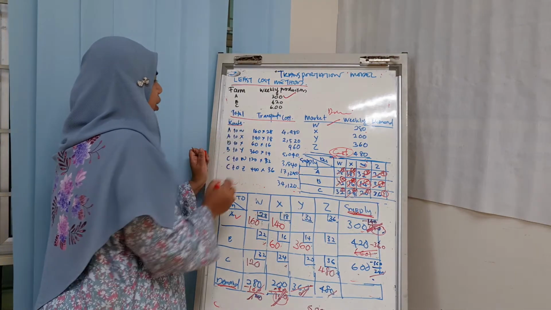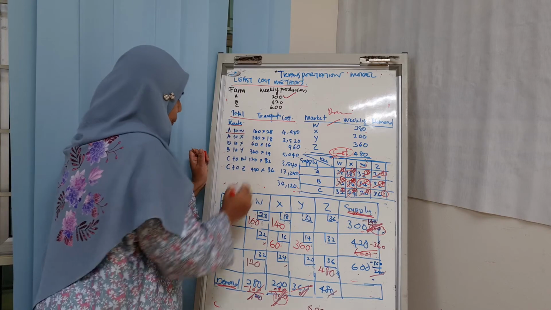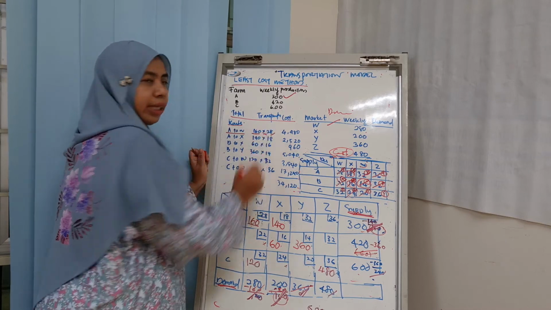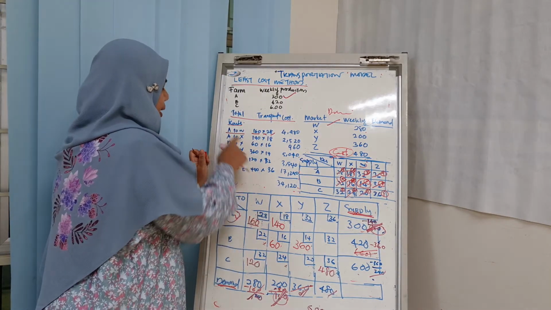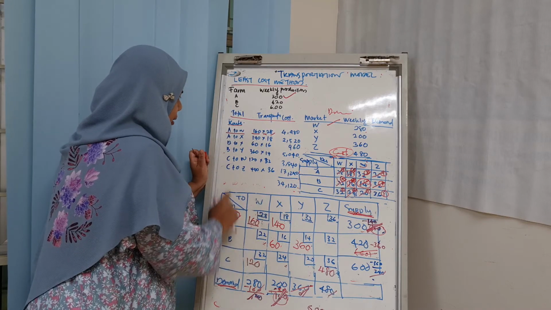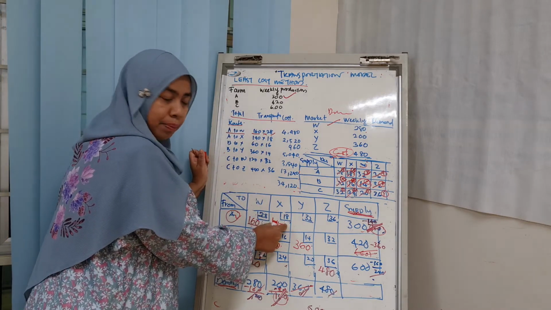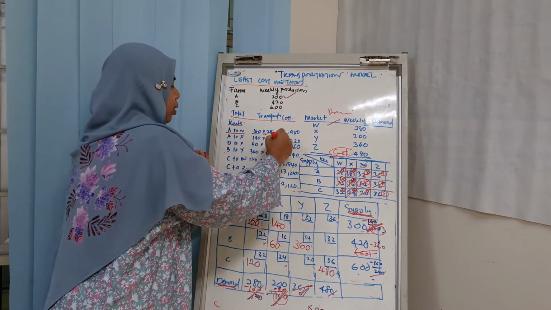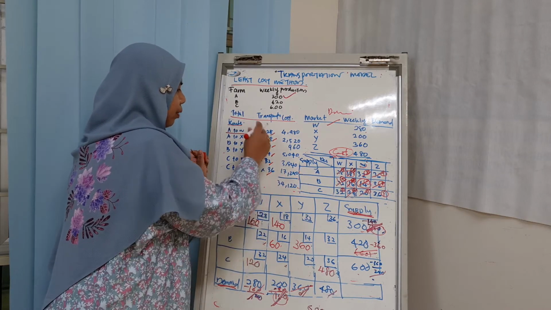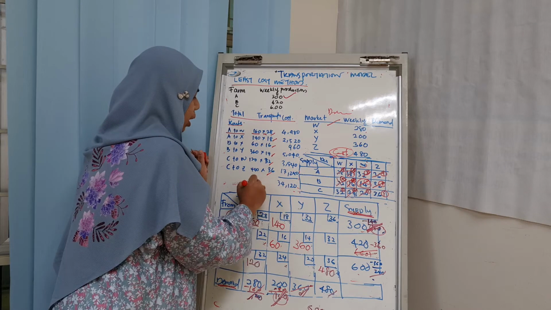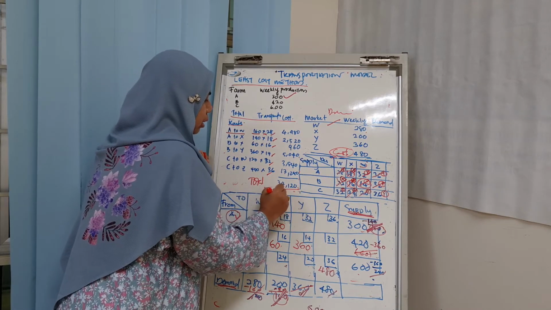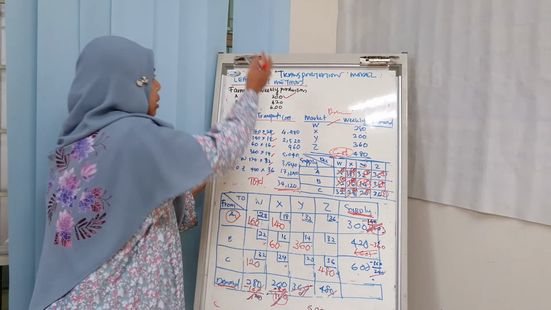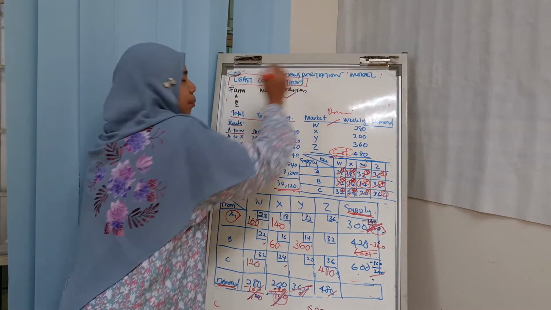So this one is row, for example, A to W, 160 times 28, and then just put where in the row have the cell amount. For example, A to X 140 times 80, and when you calculate everything, you have to total up. So the answer is 34,120 ringgit. So this is the least cost method.